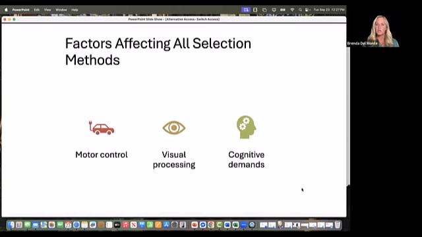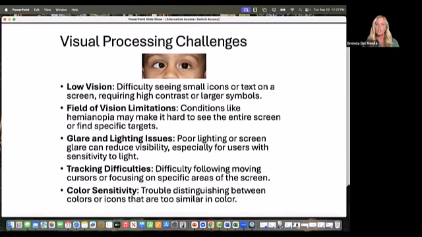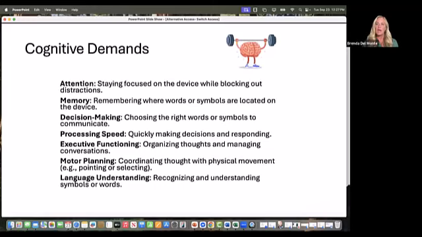And I just want to point out one thing. Every time you're doing AAC, there is a motor issue, there are visual issues, and there are cognitive demands. And so every task you do, you need to consider, am I taxing one thing over another? So if the cognitive demands are high, which means it's switch access with language, then the motor needs to be refined.